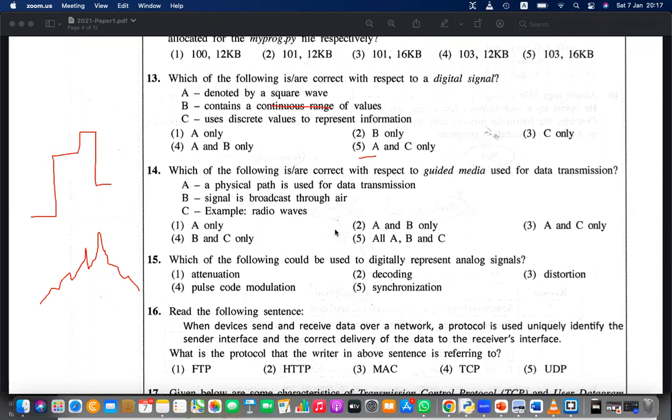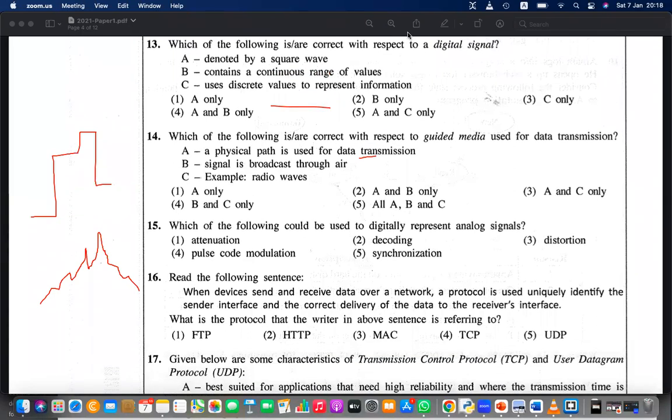Then which of the following are correct with respect to the guided media used for data communication? Guided means physical media. A physical path is used for data transmission, correct.